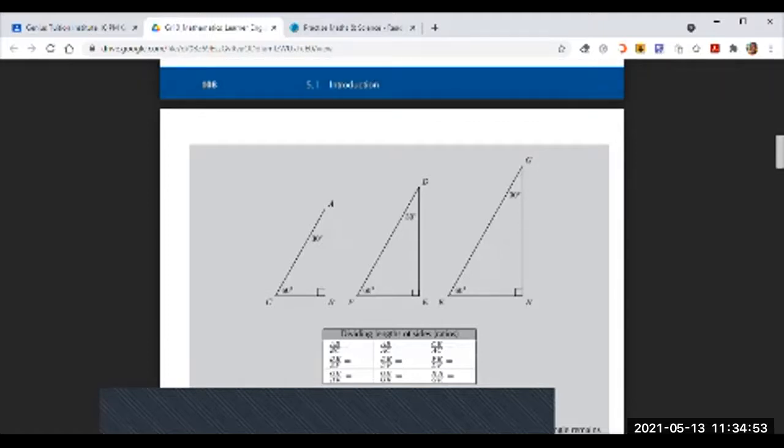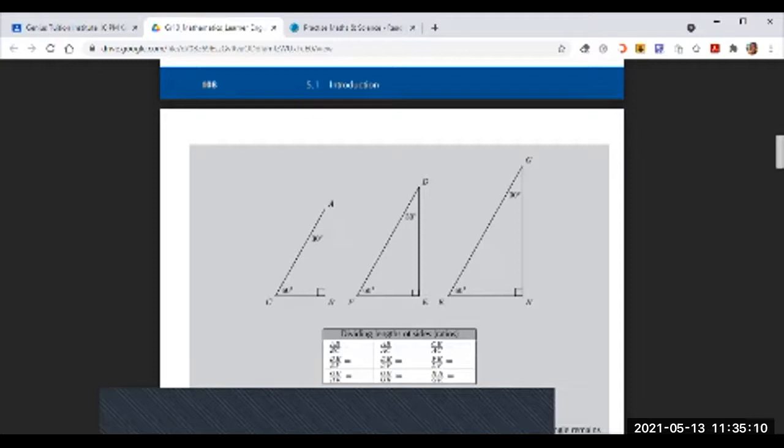Equi from the word equal, angular from the word angle. So equiangular triangles are triangles having their corresponding angles being equal.